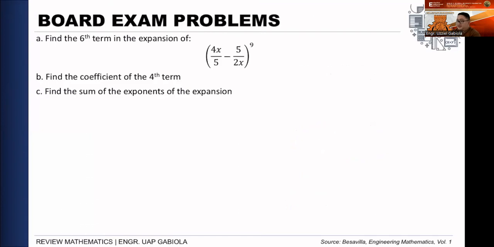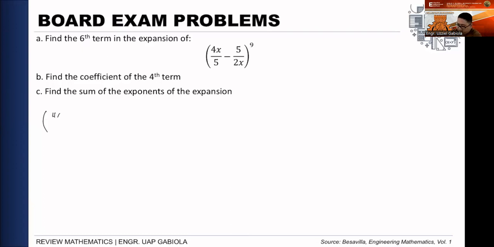So, let's say we have the expansion (4x over 5 minus 5 over 2x) raised to 9. We are asked to find the sixth term of the expansion. So, how do we solve this? Let me first simplify the binomial.